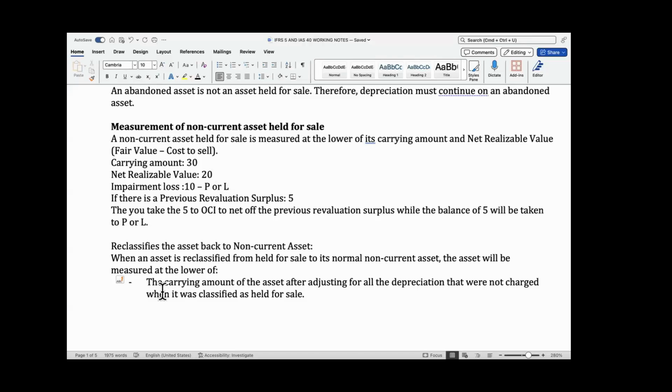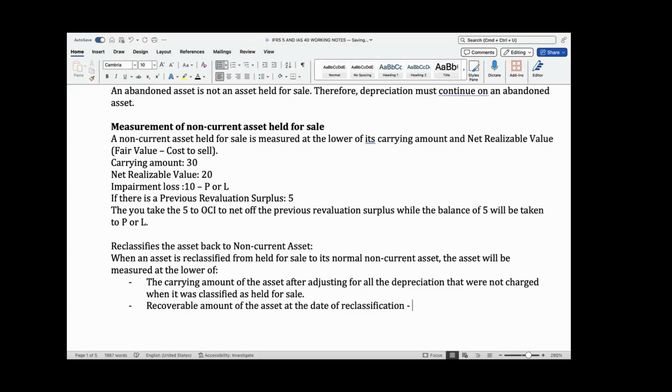Whatever value you have is the carrying amount of the asset after adjusting for all the depreciation that were not charged when it was classified as held for sale. And secondly, you compare it with the recoverable amount of the asset at the date of that reclassification.